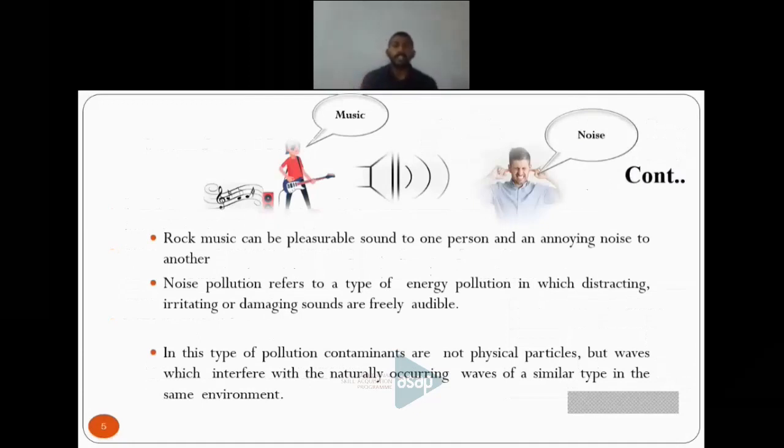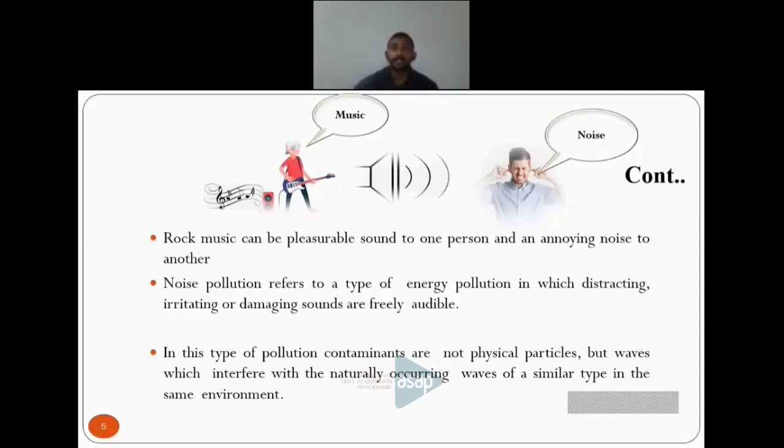Another thing, whether something is noise depends on how people consider it. Is it noise or music? Let's see, if a man is playing rock music, it may be pleasant and pleasurable noise for one person who is listening, and similarly, it may be irritating or annoying noise for another person.